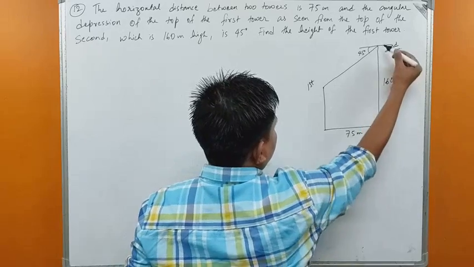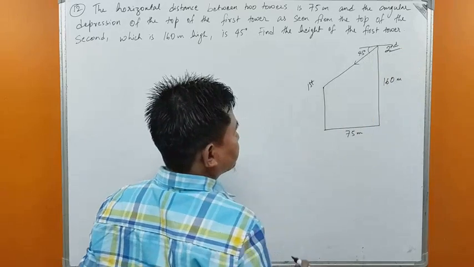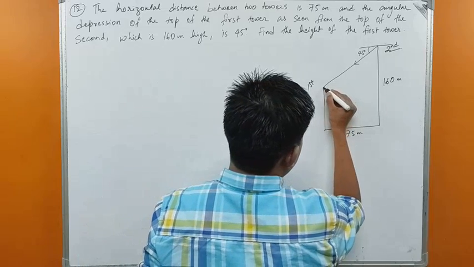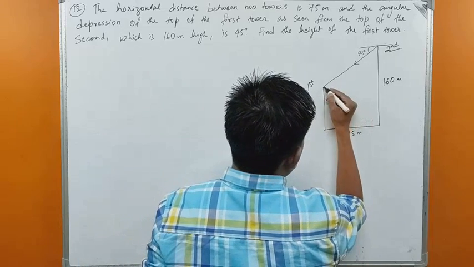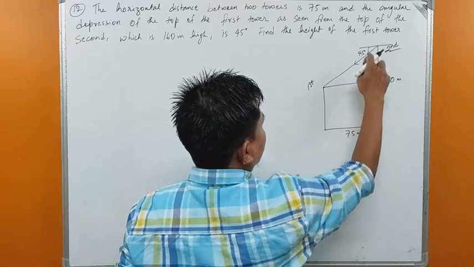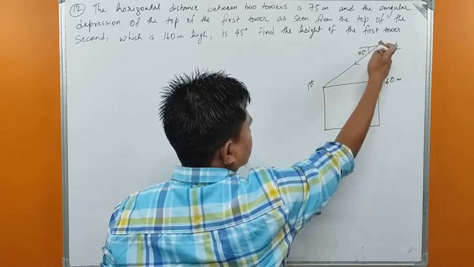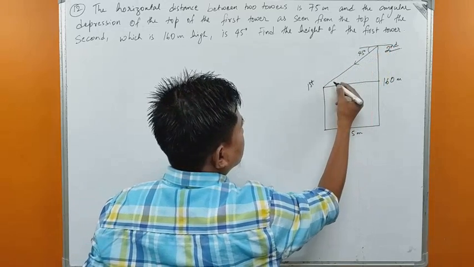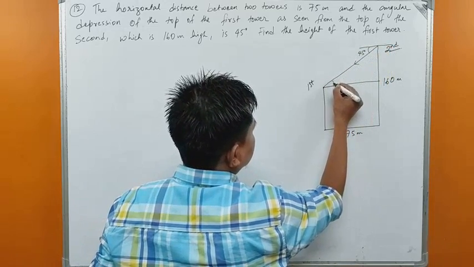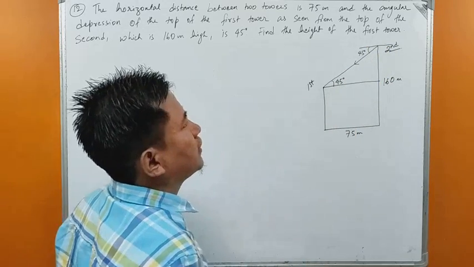So we draw a straight line parallel to the baseline here also. Now these two lines are parallel to each other and this line is a transversal, which means this angle should be equal to 45 degrees. Alternate angles are equal to each other.